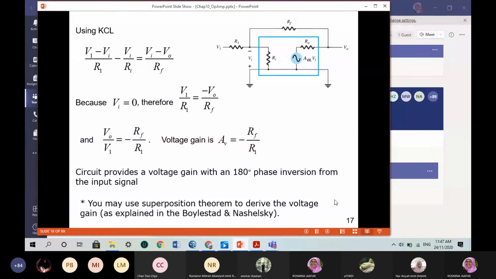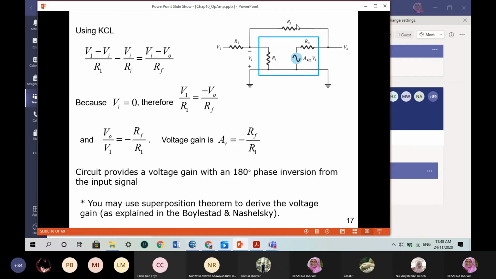Okay, to solve for this one, you can use the superposition theorem. Apply your circuit theory 2 to solve for the equation. But basically, when you connect your op-amp with the arrangement that the input is applied to the negative input terminal, you will have an inverting amplifier, where the inverting amplifier gain is always Av equals negative Rf divided by R1.